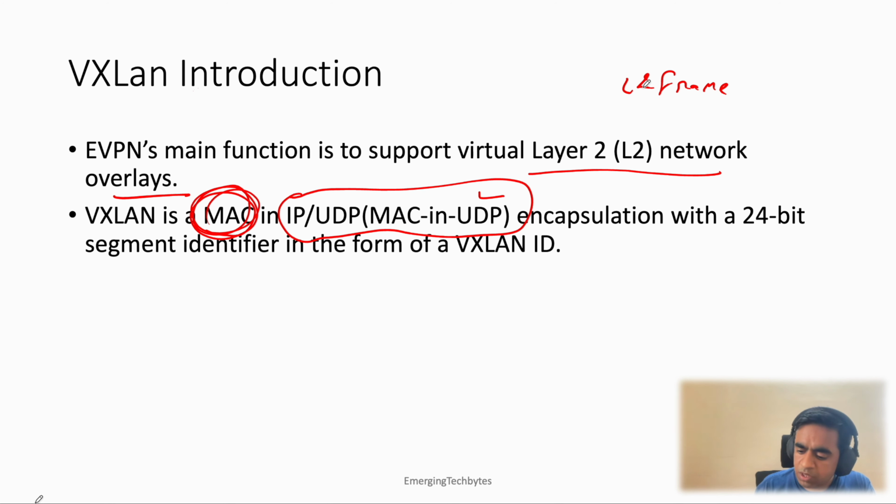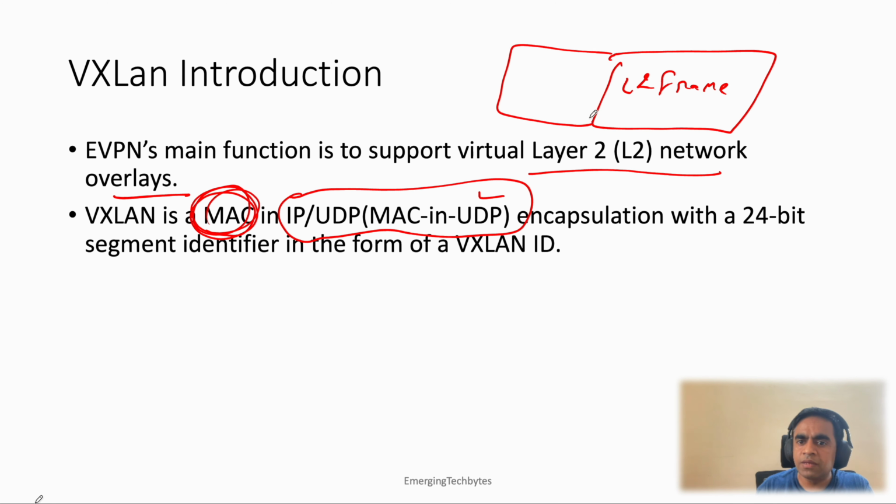So you encapsulate the L2 frame completely into a new IP packet. That is what your VXLAN packet is. It is all IP, unlike MPLS, which is just a label.